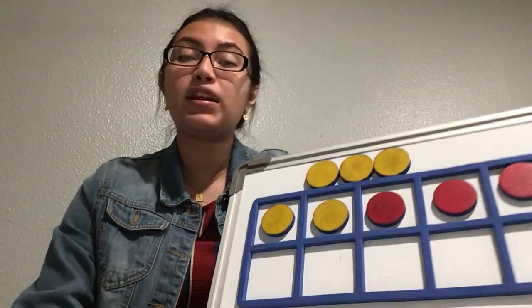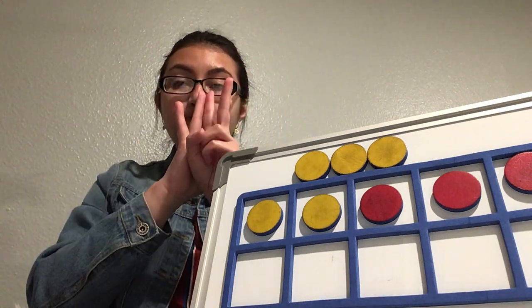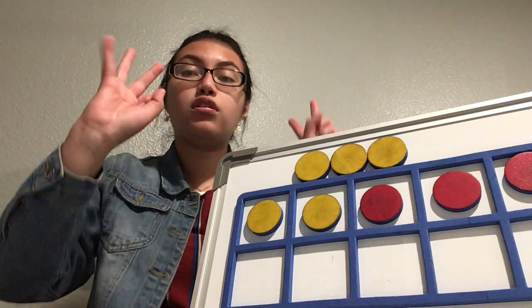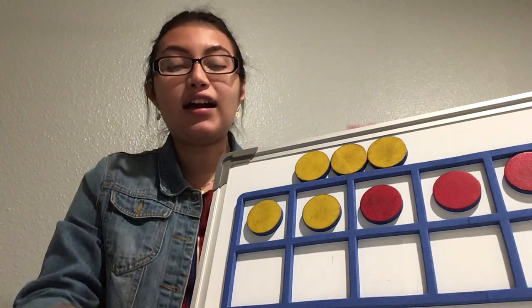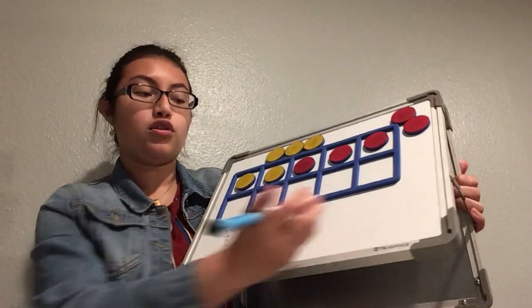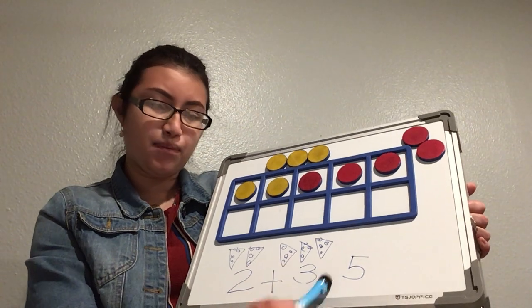And what happens when I join 2 and 3? What happens when I join them? What number do I make? I make 1, 2, 3, 4, 5. I made the number 5. So I'm going to write 5. But I feel like there should be a symbol here.